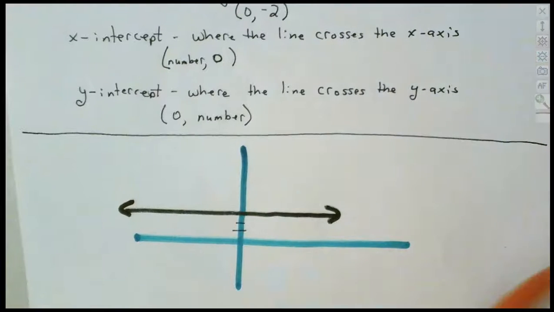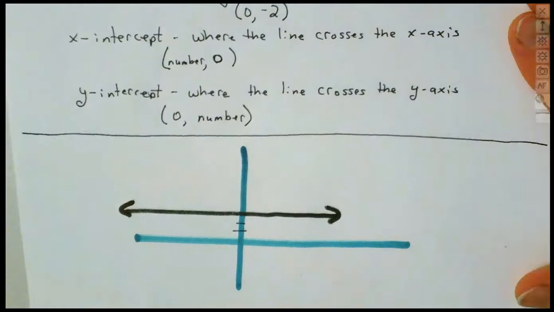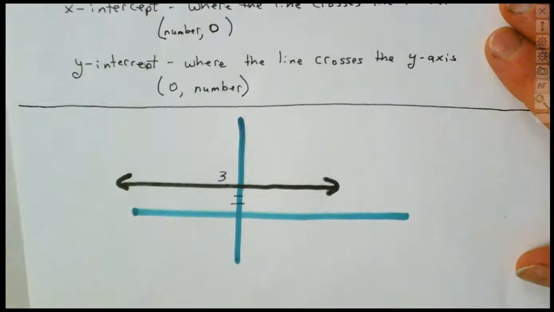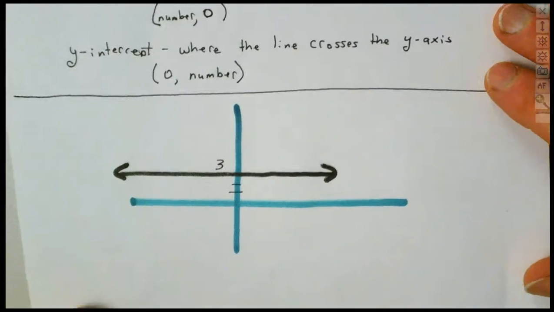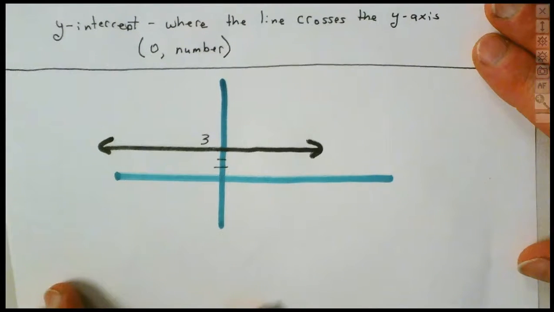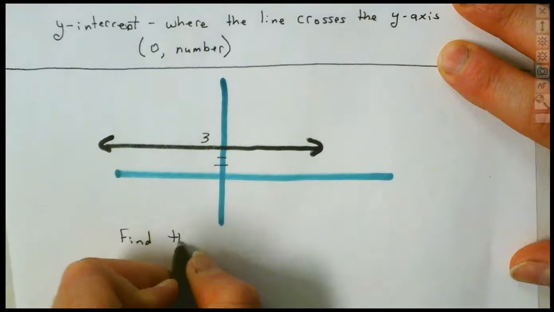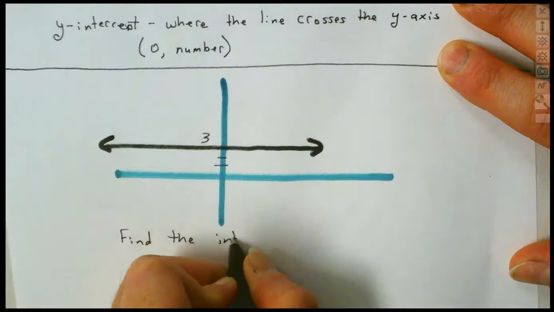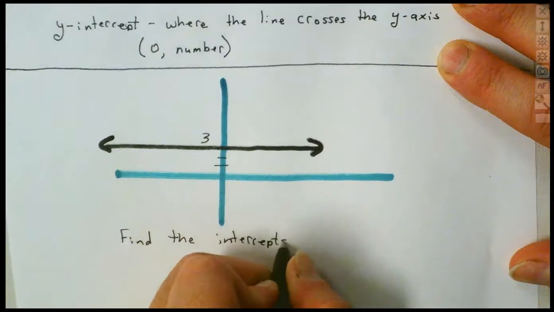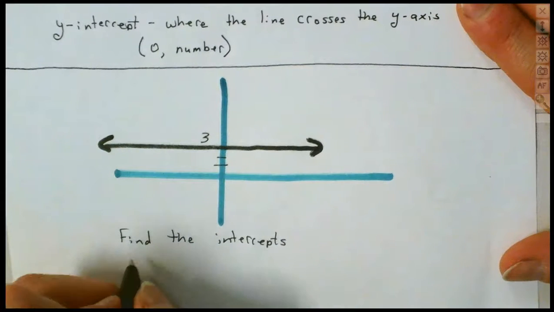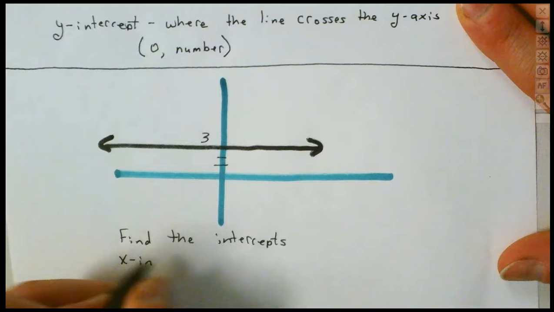There's our picture. And this is going to be up about 3 units. And we're going to try to find our intercepts. We have to label them as an ordered pair. Well, let's talk about the x-intercept first.